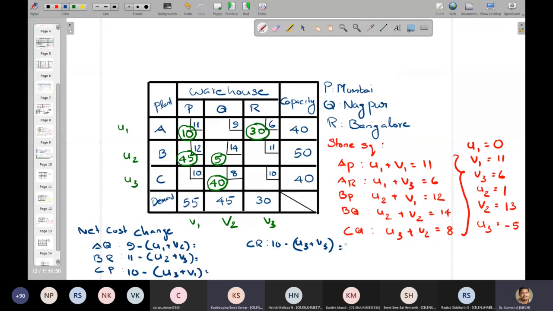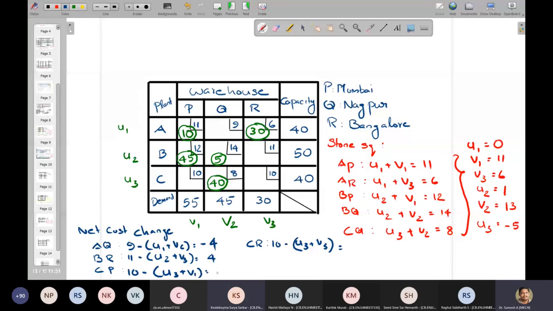AQ is minus 4. Okay. BR is 4. Okay. CP is 4.